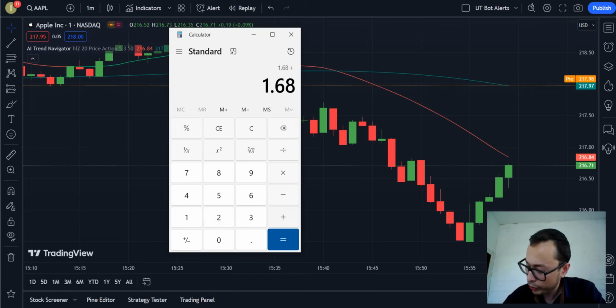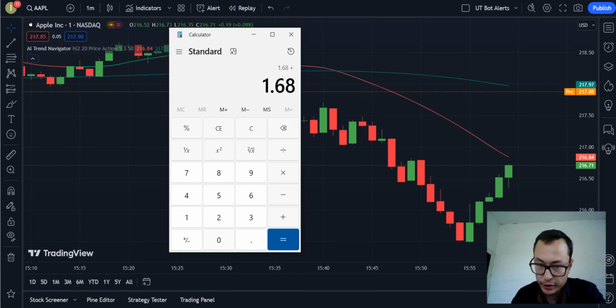And then the next point at which we sold the Apple stock profitably, we made a profit of 23 cents. So plus 0.23. And then the last point at which we sold the Apple stock profitably, we sold it at a profit of 49 cents. So plus 0.49.